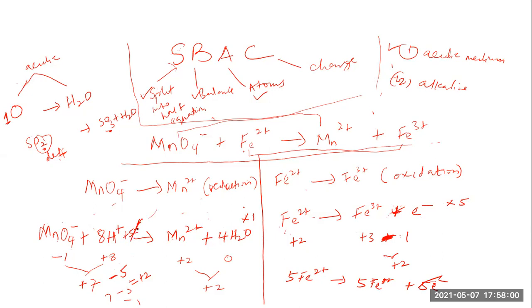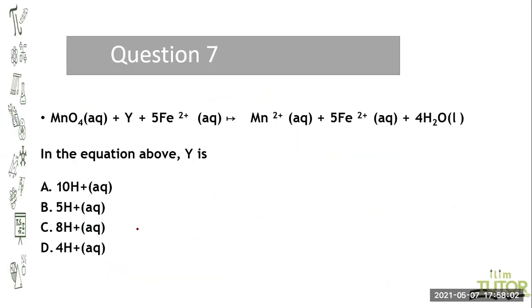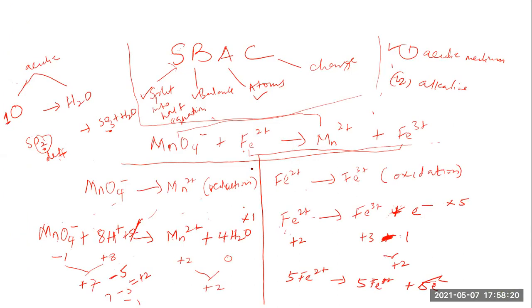I can combine. You see, if I combine this, can you see now? This is what we have. Look at this equation and compare, even before we cancel. Let's combine this together.